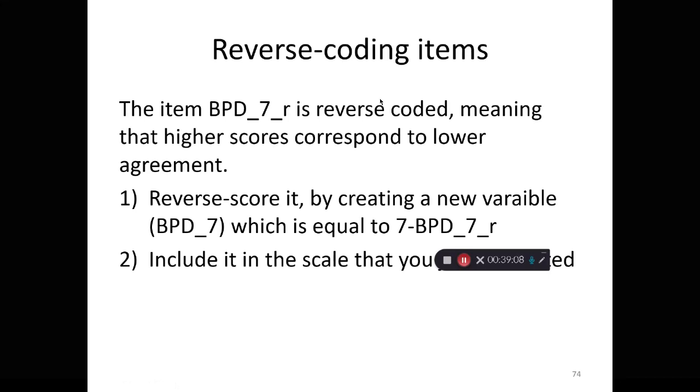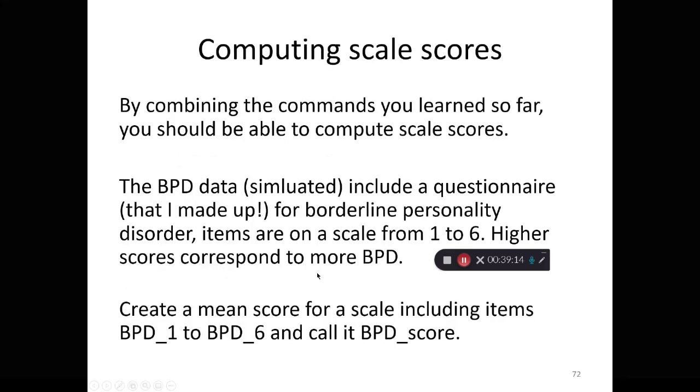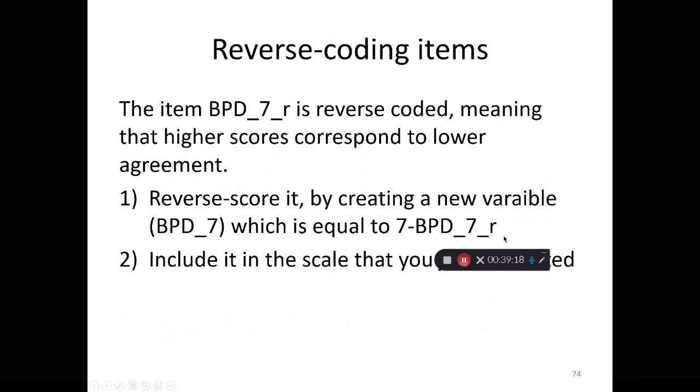This item is quite special because the items go from 1 to 6, 6 is the maximum value, and this item here actually also goes from 1 to 6, but a higher value, 6, means psychological health, and a lower value means, for example, higher BPD pathology. And you want to include that in the scale score as well.